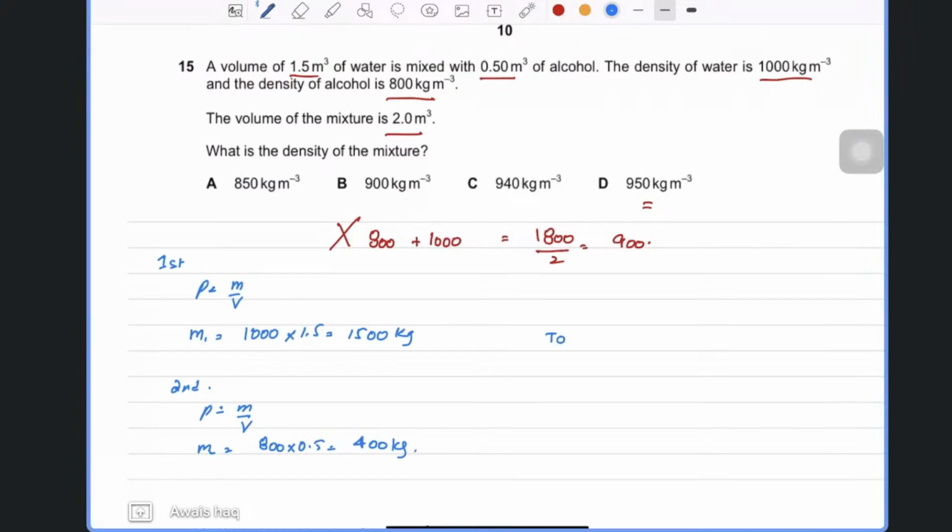Now the total mass over total volume will give us the right answer. So the total mass was 1500 plus 400, about 1900, divided by 2. What's that? 950, right? 950. Sorry, our answer should be 950, but according to the other method, our answer would be different.